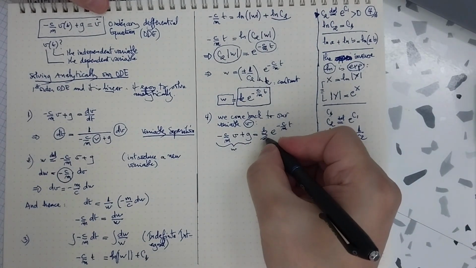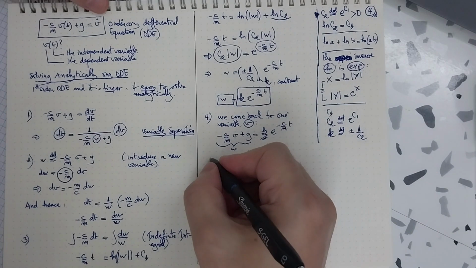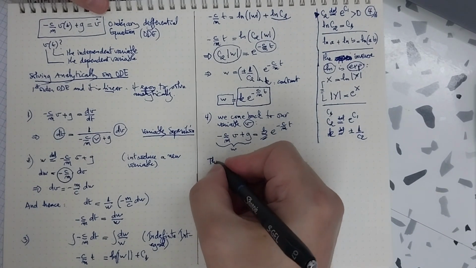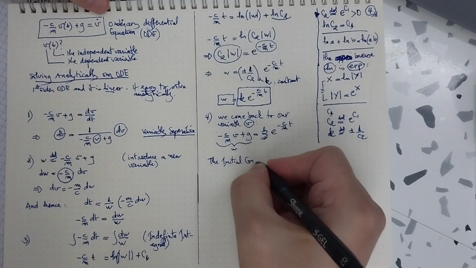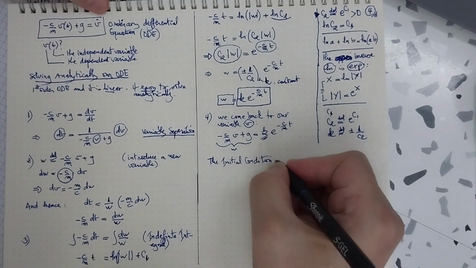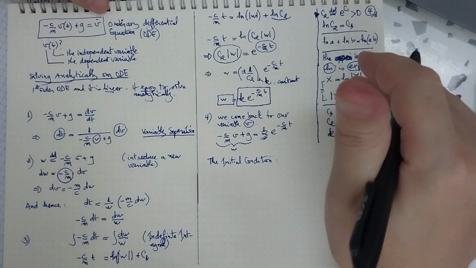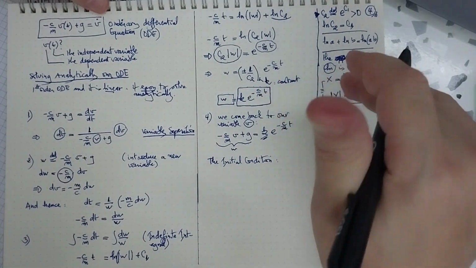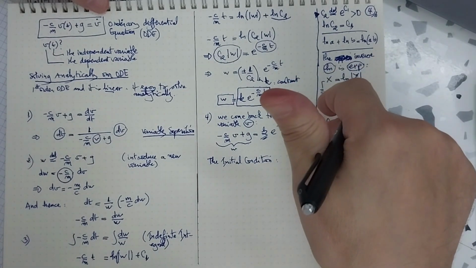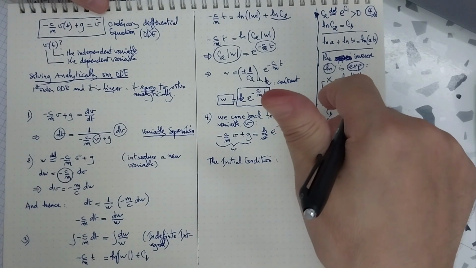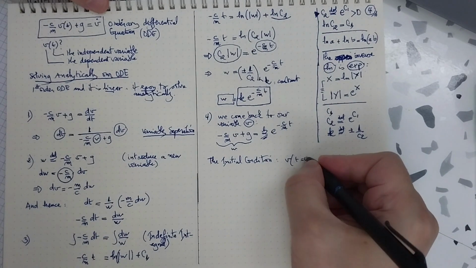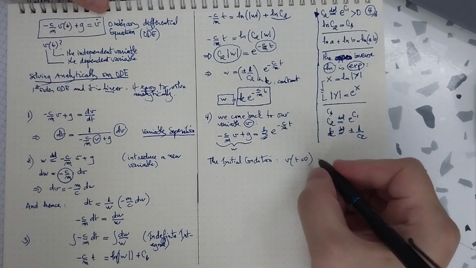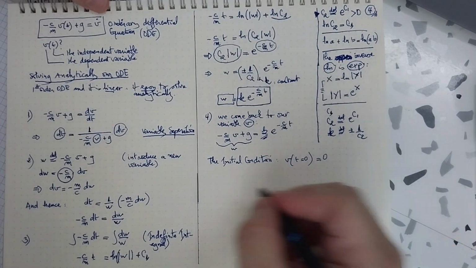We need to eliminate K using the initial condition. The initial condition, in our case, on the parachutist, when he starts his fall, his velocity equals 0. So the velocity at t equals 0, at the start of the movement, is 0.